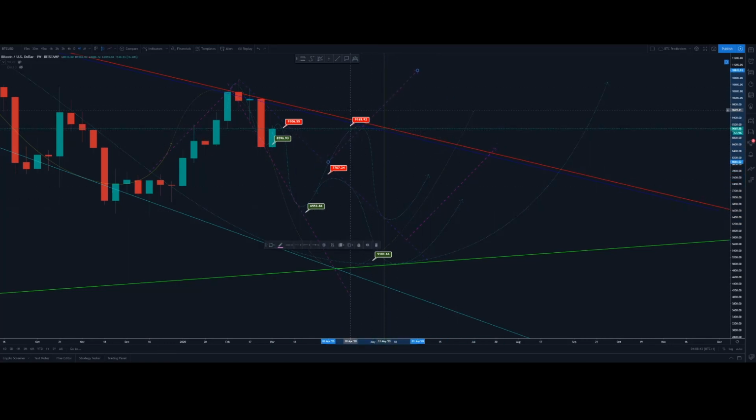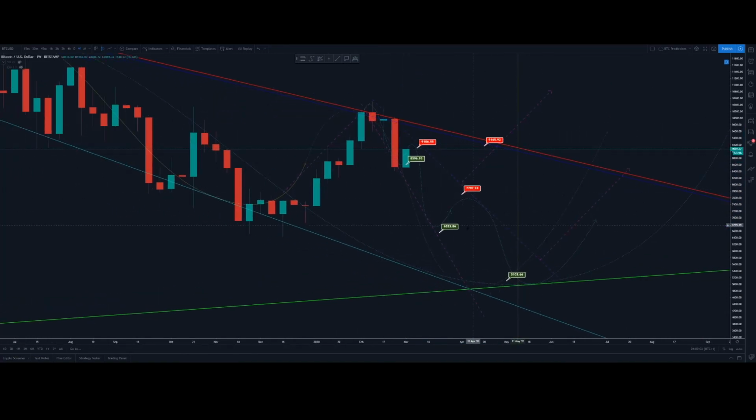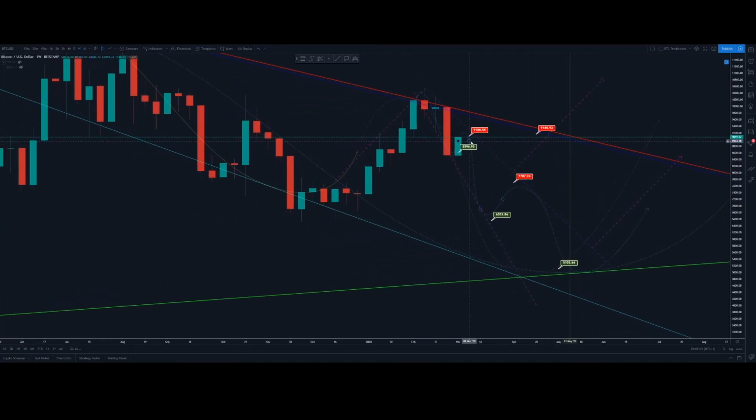Well, as you can see, it should go up there actually. So I would decrease the opacity of this trend waves, because I think, in my opinion anyways, this is a low probability of happening.